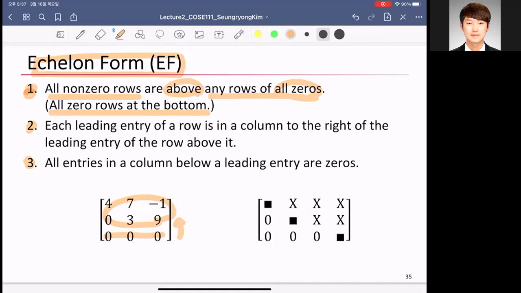The second statement means each leading entry of the rows, in this case, where was it? The leading entries are here and here, right? Is in a column to the right of the leading entry of the row above it. What does that mean? It goes like this.